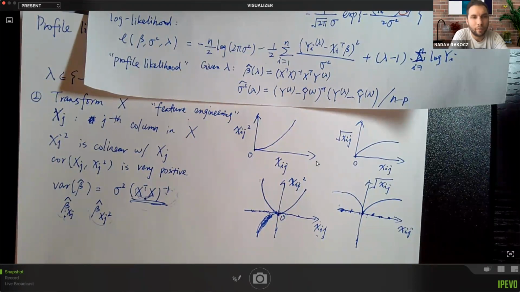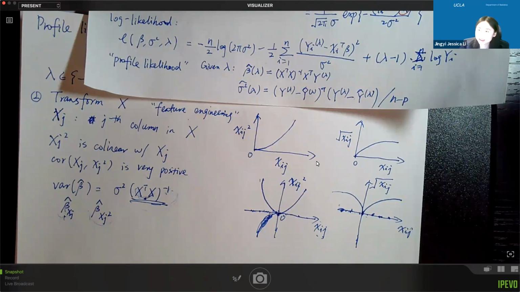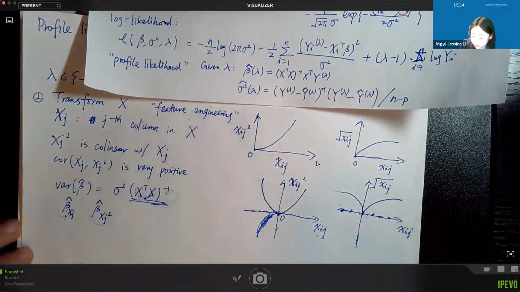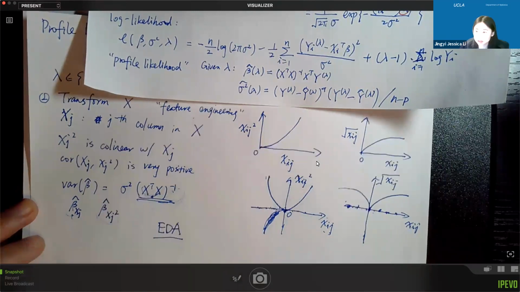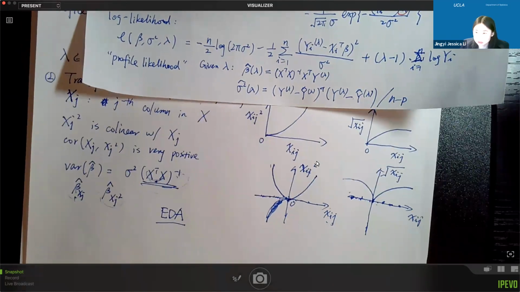Is there a simple rule on when to use log transformation on X? No, I would say it's just a trial. We just try different transformations and see which ones are more reasonable. So I would say for this part, what people call EDA, exploratory data analysis, a term coined by John Tukey, is very important.